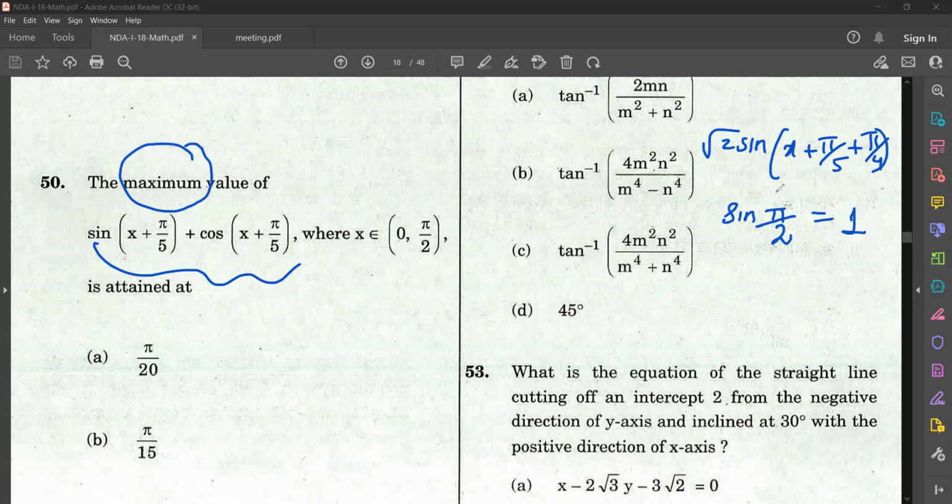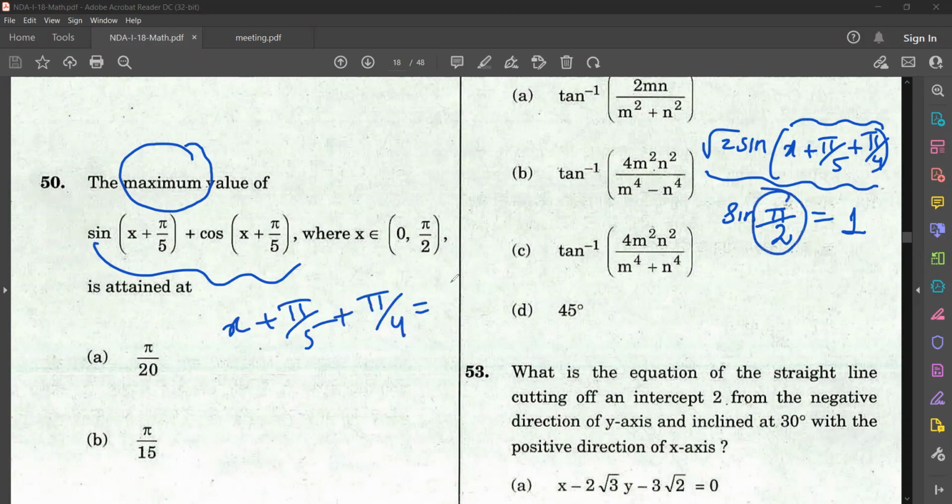That happens when θ is π/2. So for this function to attain its maximum value, x plus π/5 plus π/4 should be π/2. So solve it: x is equal to π/2 minus π/5 minus π/4.